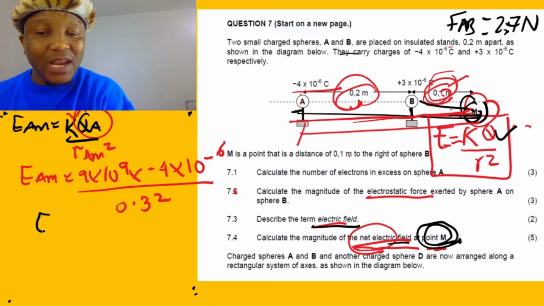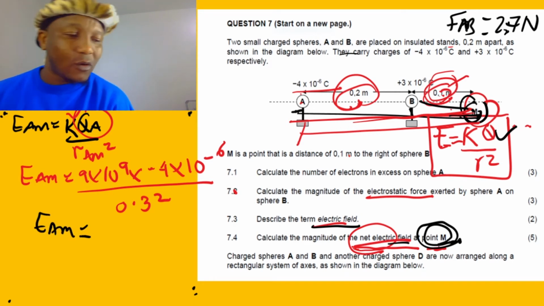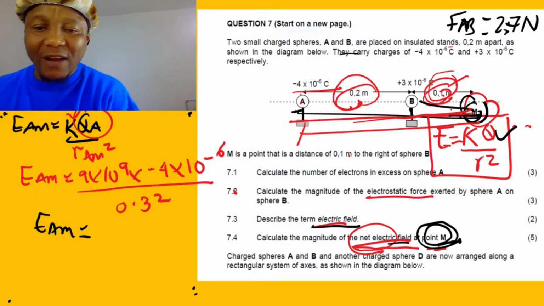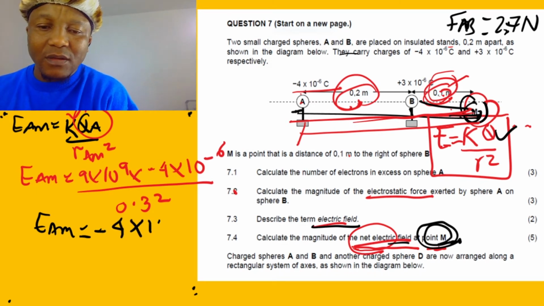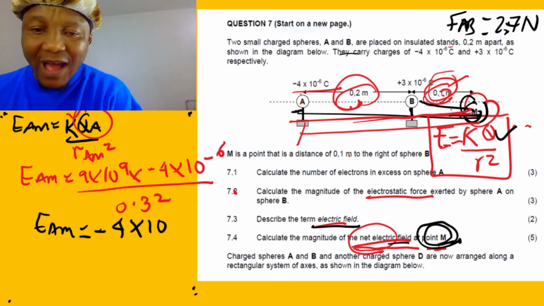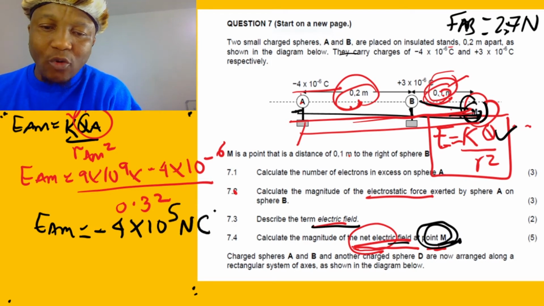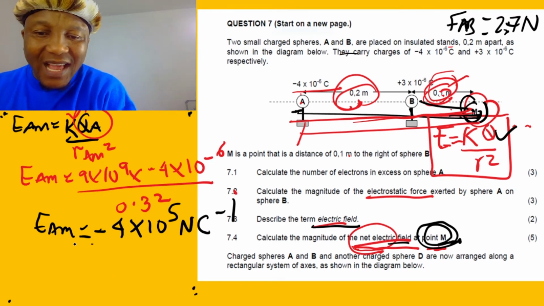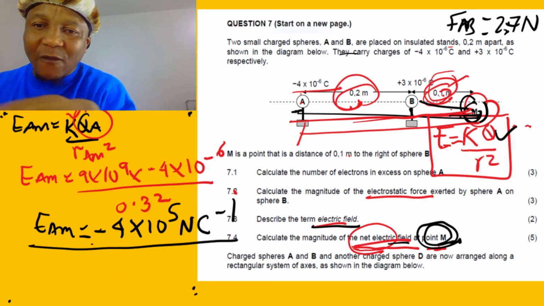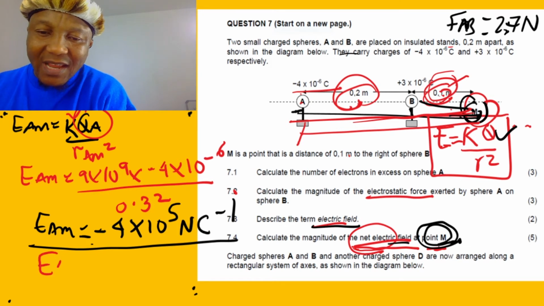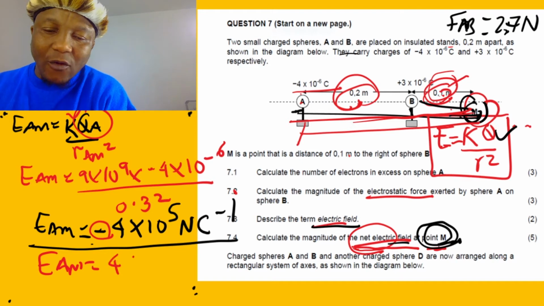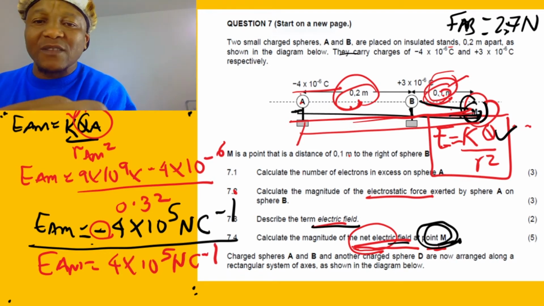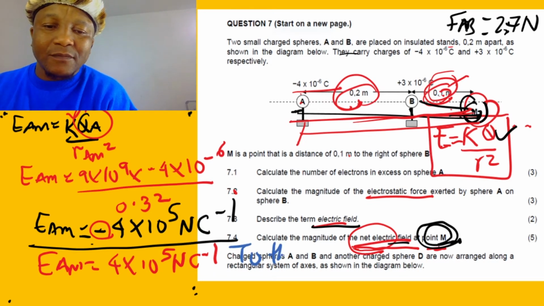Don't skip. So the electric field of AM, in the calculator, is going to give you -4 times 10 power 5 newton per coulomb. But since it's negative, if I don't want to write it like that, I can remove the negative and say 4 times 10 power 5 newton per coulomb, which is the unit of electric field, to the left.